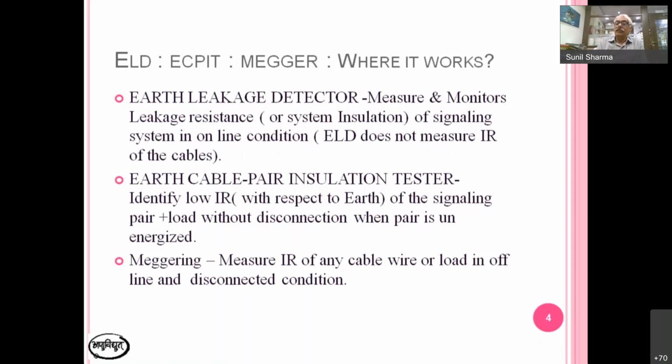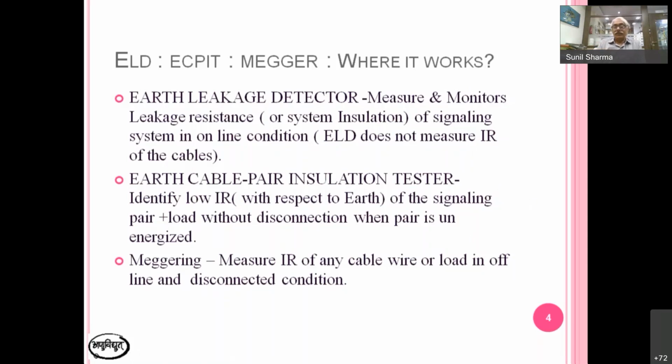So these are the differences, because so many people ask me, sir, if we put ELD, then megger is not required. No, sir, megger is required, but where we give preference, these two instruments give us a lead. Where do we start first?